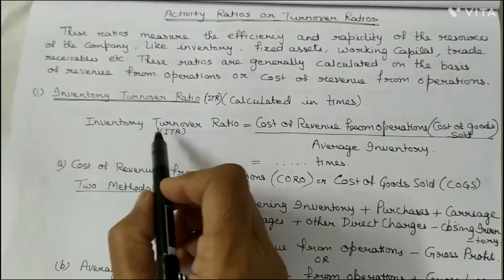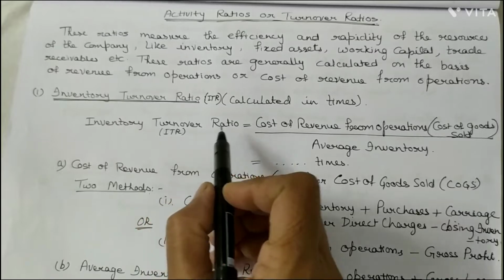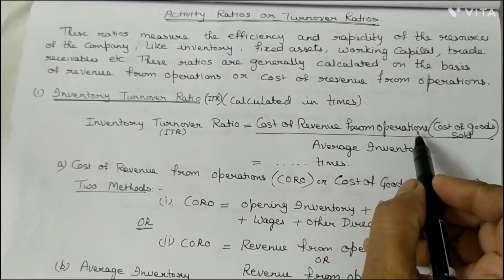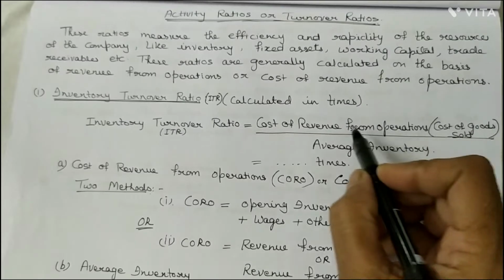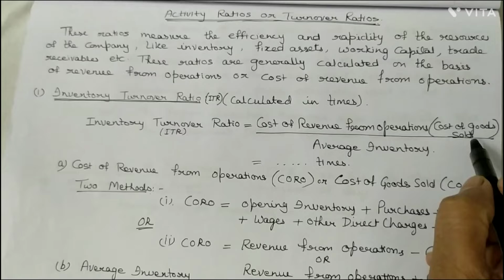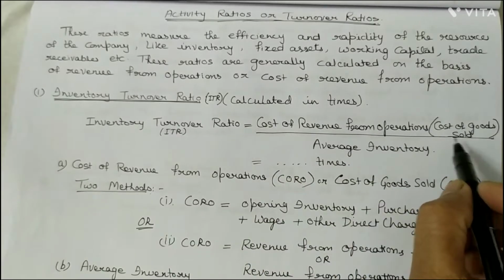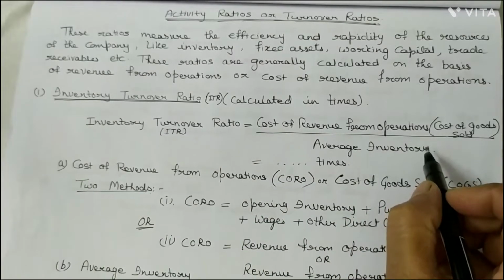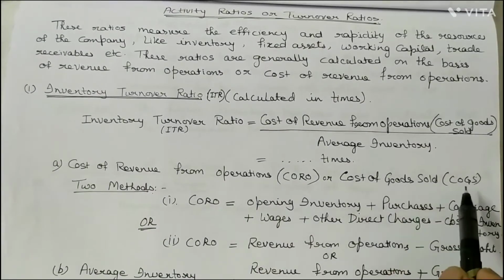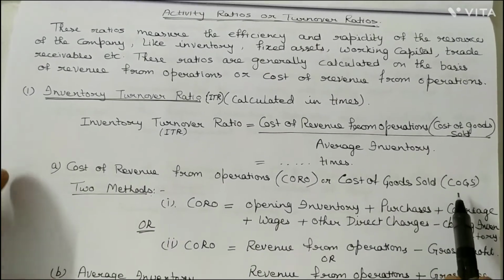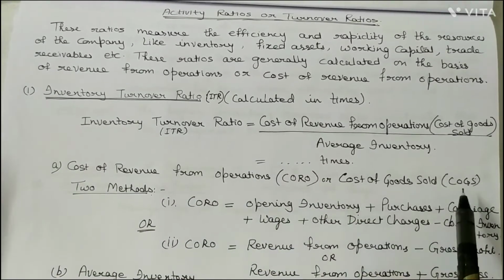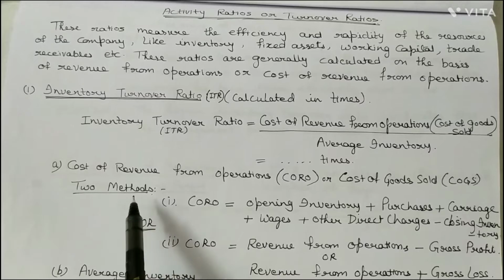The formula for calculating ITR, or inventory turnover ratio, is equal to cost of revenue from operation, also known as cost of goods sold, divided by inventory. For calculating cost of revenue from operation or cost of goods sold, there are two methods.